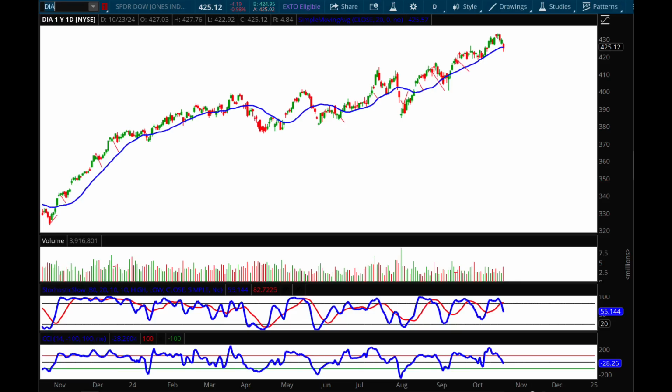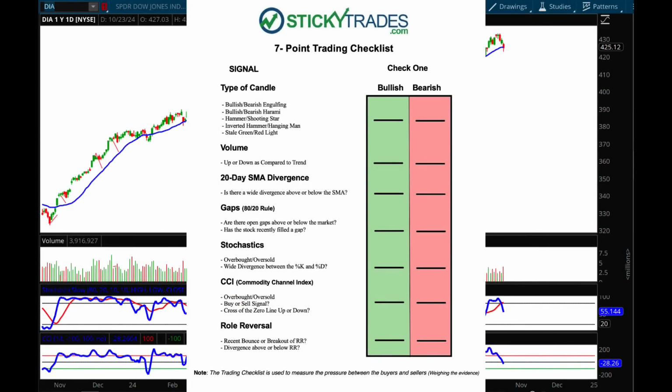I'm AJ Monte, and this is a one-year daily candle chart of the Dow Jones Industrial Average ETF, ticker symbol DIA. Before we get started with the midweek analysis, I'd like to point out for the brand new folks and those who are just joining us here on YouTube for the very first time that I use a 7-point trading checklist that I put together to analyze the markets.